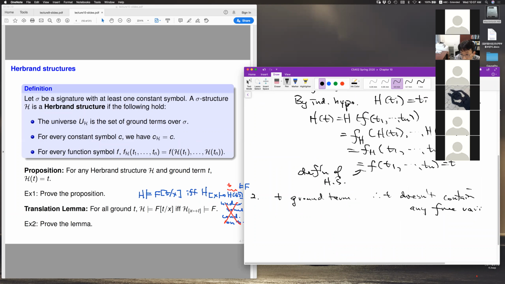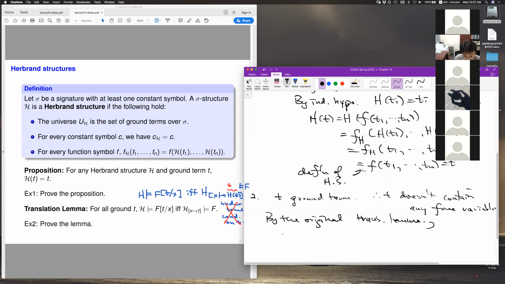I mean, it doesn't contain any variable at all. So we can apply the original translation lemma.